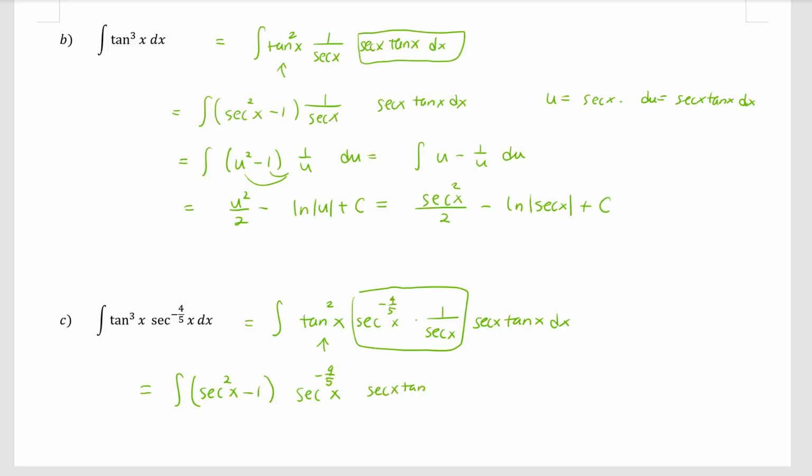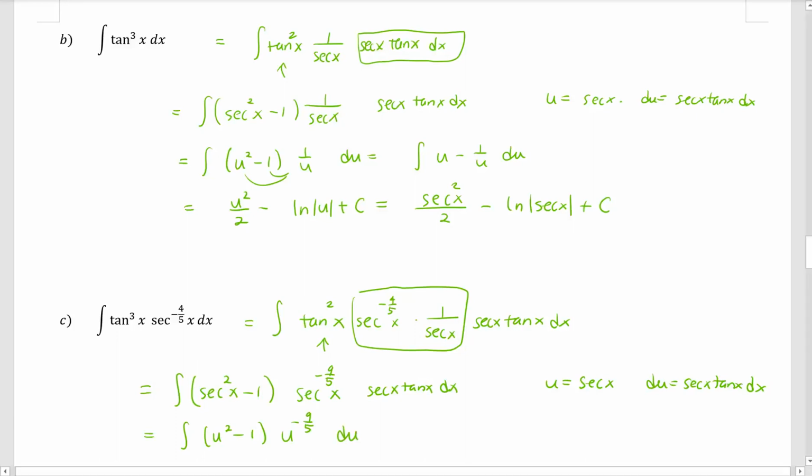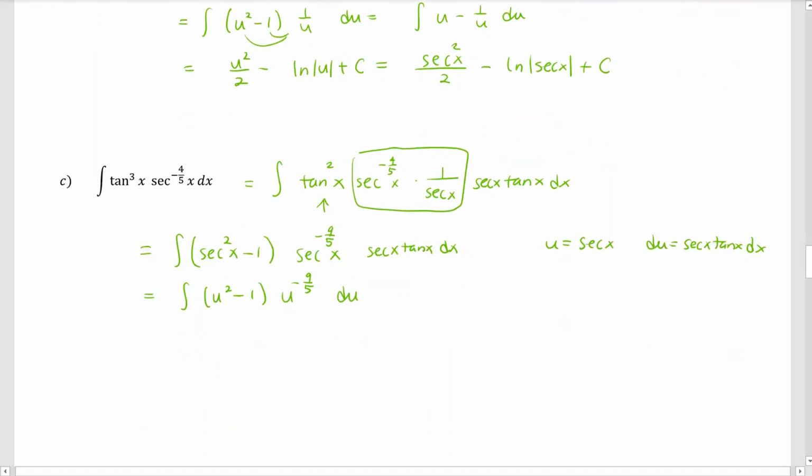And then secant tangent. We're ready to let u be secant. du is secant tangent. So u squared minus 1, u to the minus 9/5, du. So distribute it. u squared, 2 is 10/5. So this is u to the 1/5 minus u to the negative 9/5.